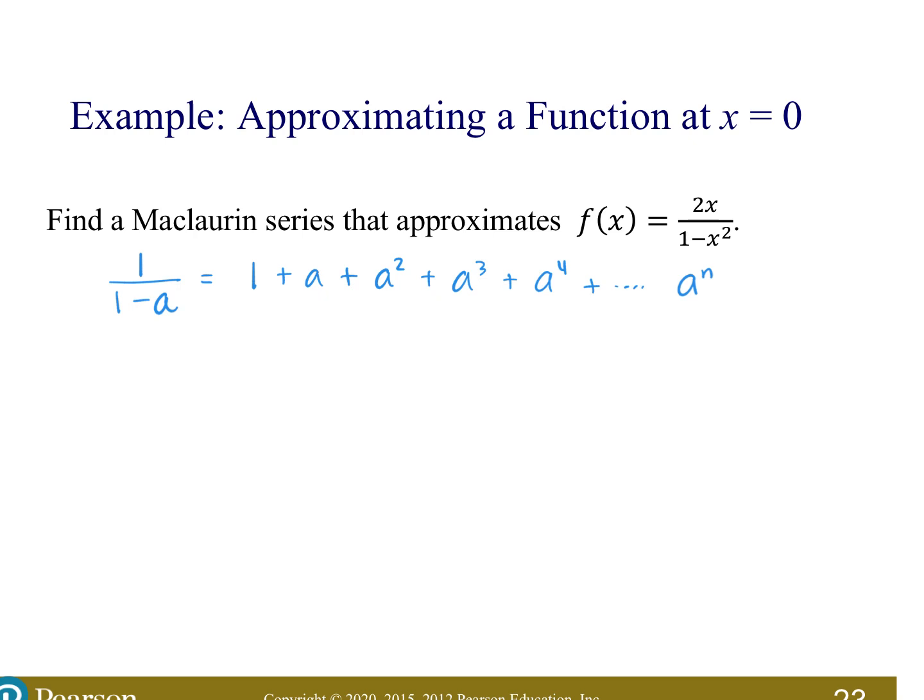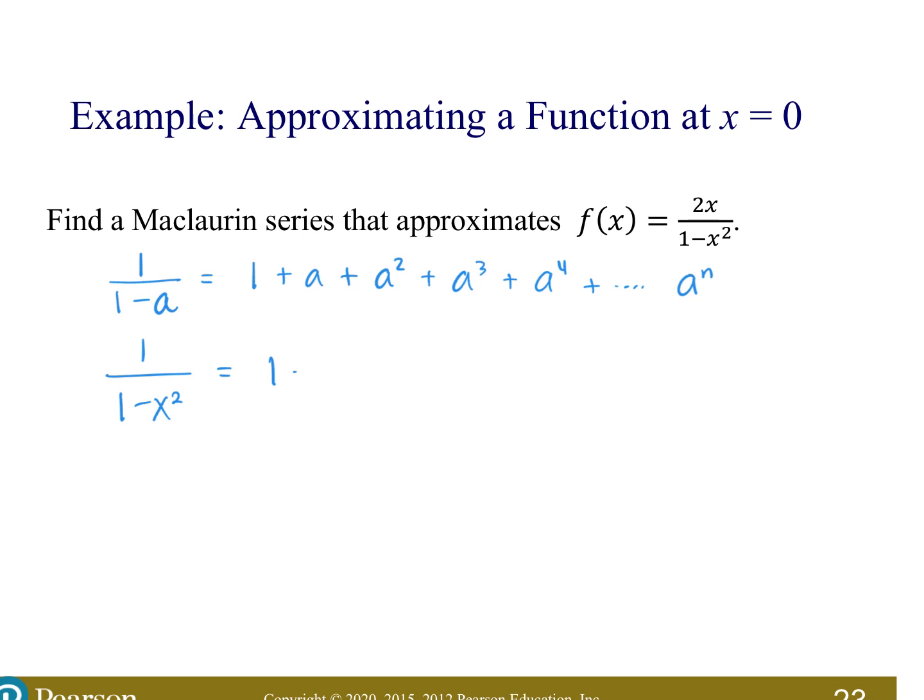So if that's the pattern for 1 over 1 minus a, again, that's geometric. Start with the number 1, and then multiply everything by the term of a, because that's what the r value is. So then, okay, well then what would 1 over 1 minus x squared be? I still start with the number 1.